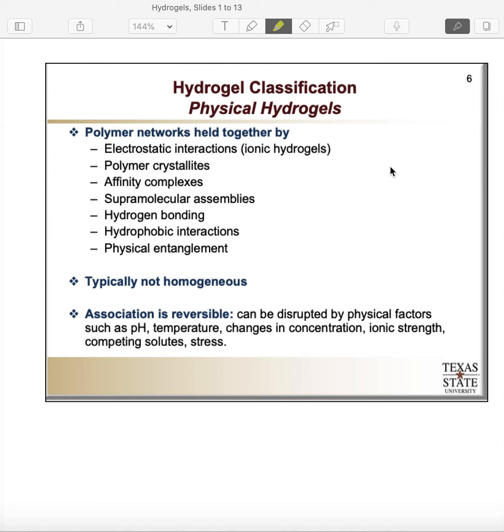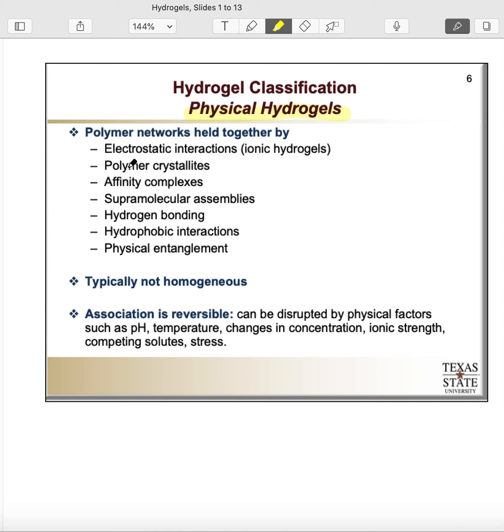Okay, now we focus on physical hydrogels, which we said are those hydrogels that are cross-linked through secondary interactions, reversible interactions, or non-covalent interactions. Those could include those that are held by electrostatic attractions between oppositely charged polymer chains.